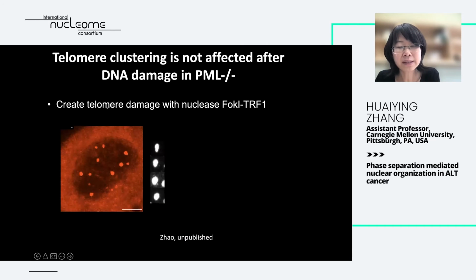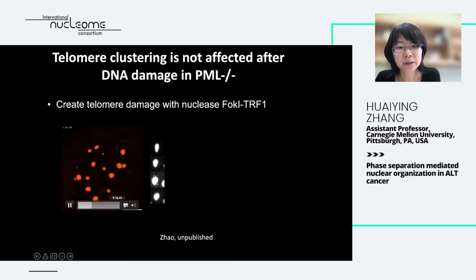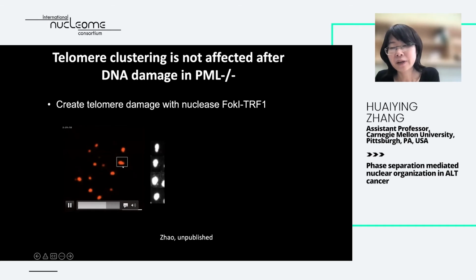So we use this assay our collaborator has established, where we create DNA damage on the telomeres, using nuclease FokI fused to the telomere protein TRF1. And then we use live imaging to look at whether telomeres can still cluster. And here we can see that indeed they cluster fine.